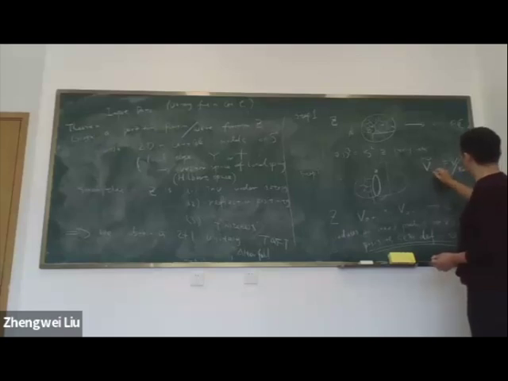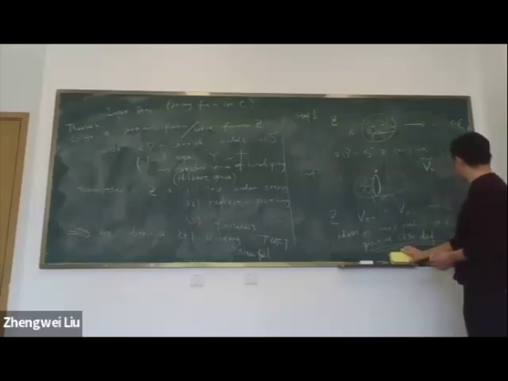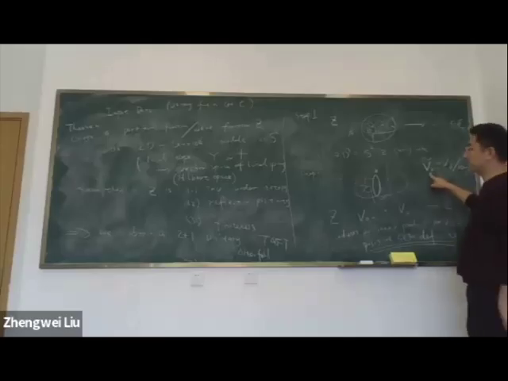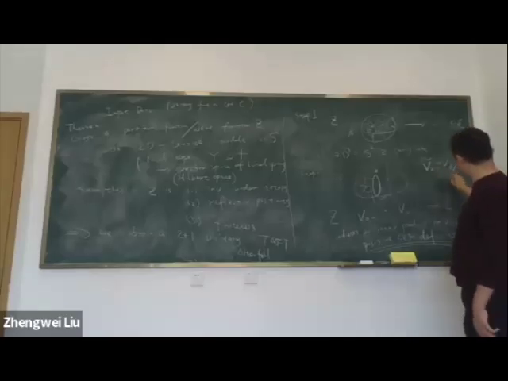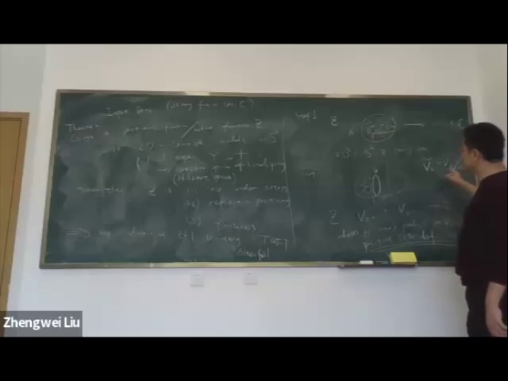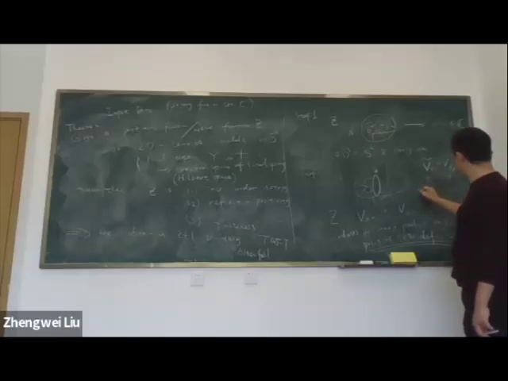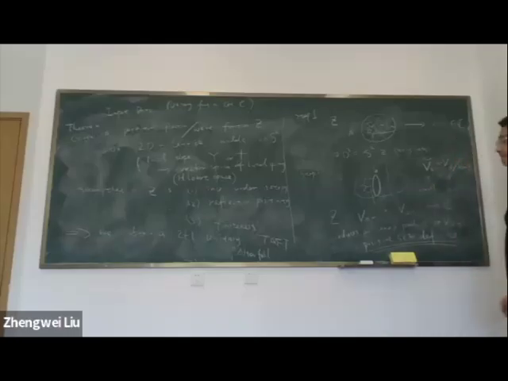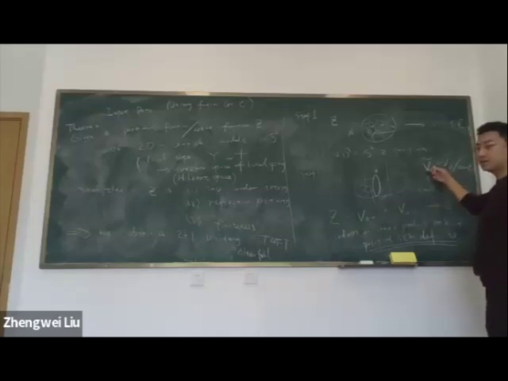Even though this direct sum vector space is very big, modulo the kernel, this vector space might be very small. So what we are really interested in is this Hilbert vector space.